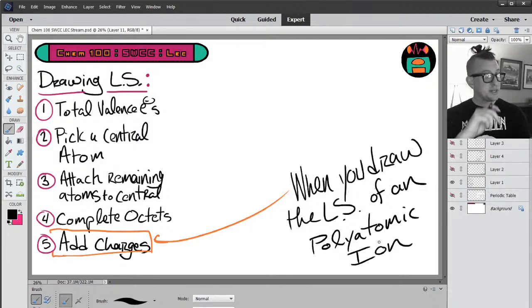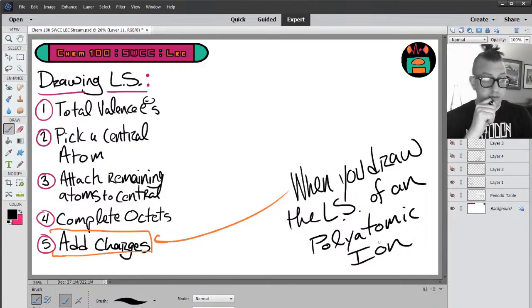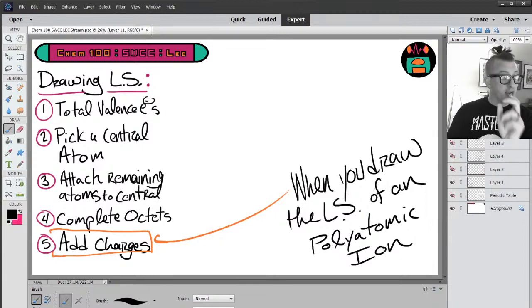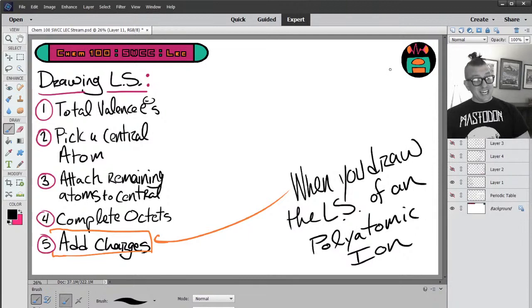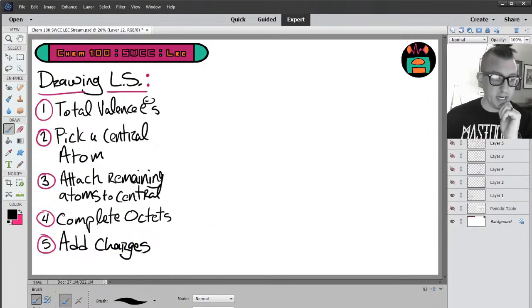All right, that is when you'll have to deal with this situation. You're drawing the Lewis structure of a polyatomic ion. That's when you have to add charges right there at the end. So you actually have to deal with charges at the beginning when you total your valence electrons and at the end. And I'll show you how to do so in my next example.